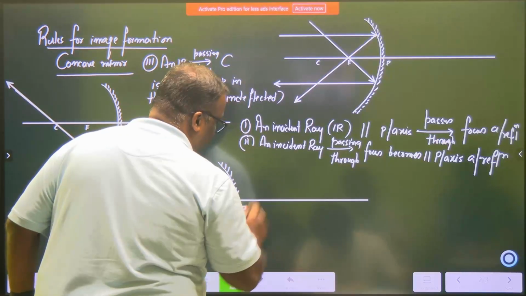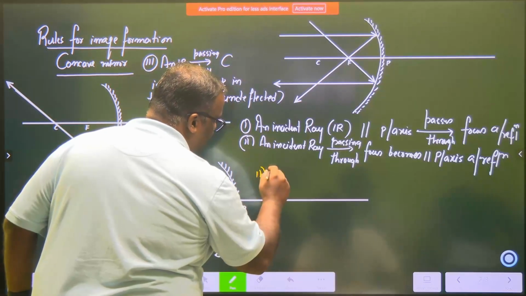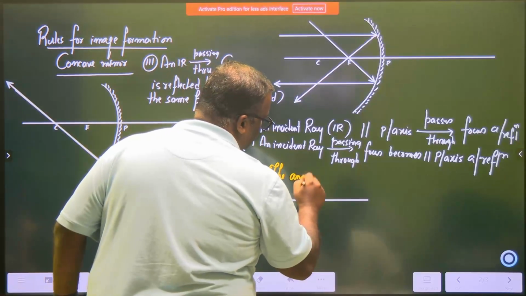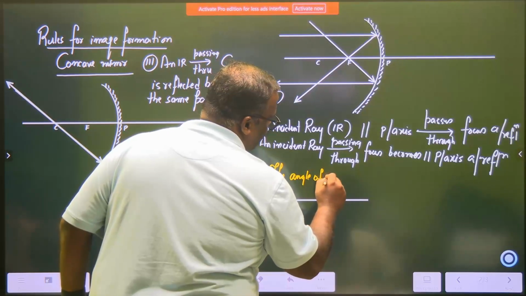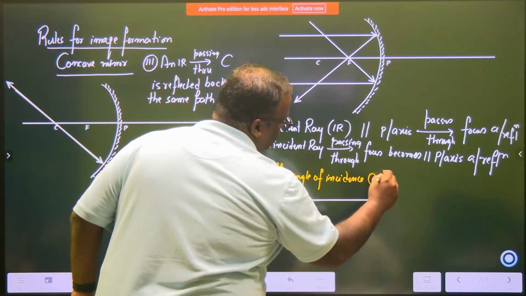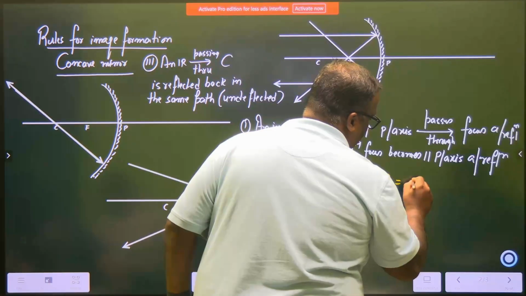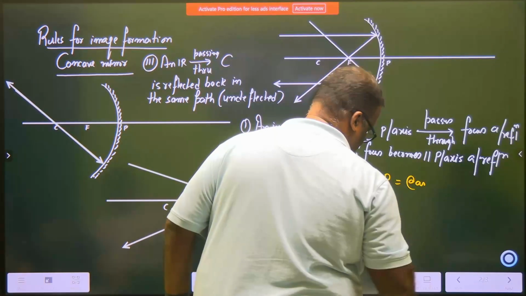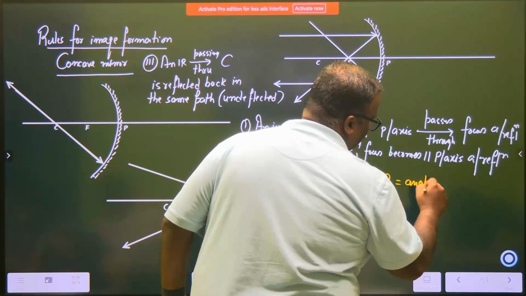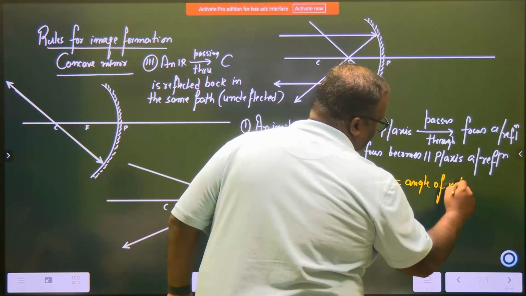Okay, and then you can take your time and draw. I'm just writing the angle of incidence at pole is equal to the angle of reflection.